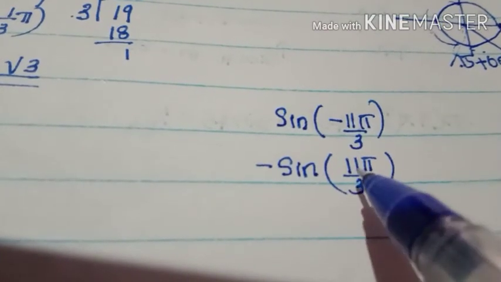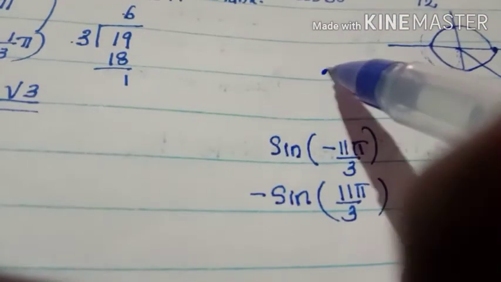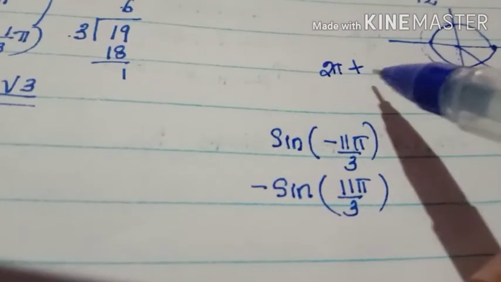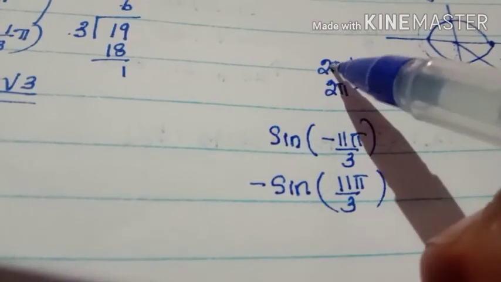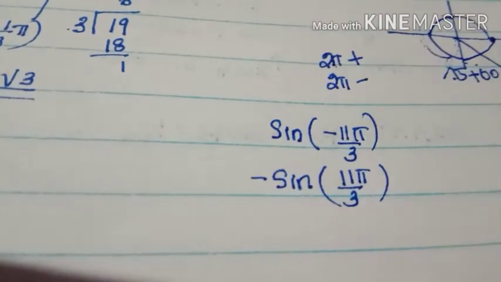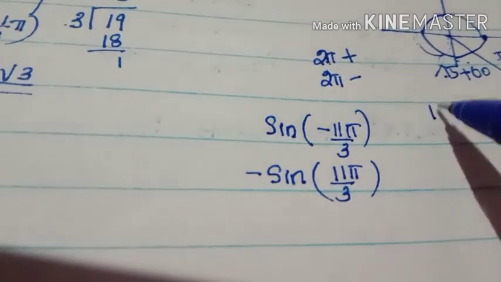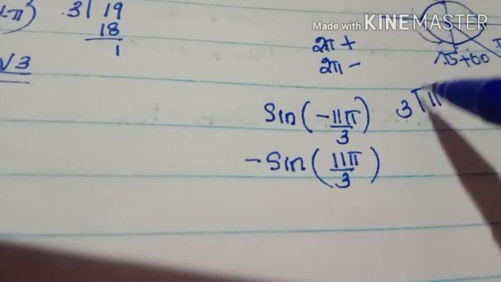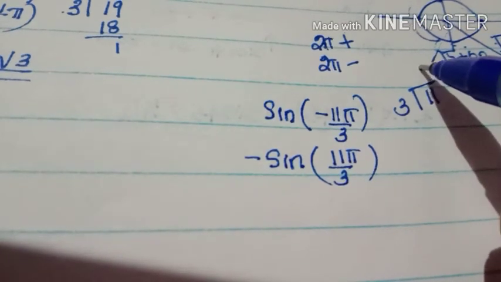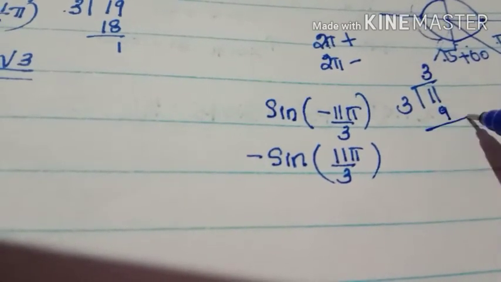Now convert this 11 pi by 3 into 2 pi plus or minus, 4 pi, 6 pi, whatever it is, no problem. So just divide 11 by 3. You will get 3 into 3 is 9.